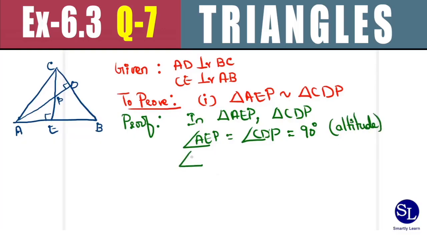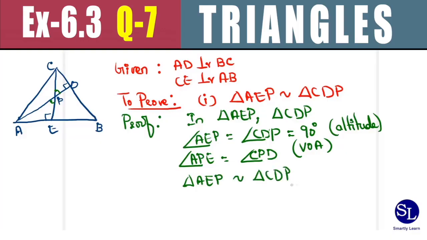Then angle APE, I'm referring to this particular angle, is equal to angle CPD. Why? Because they are vertically opposite angles. Since two angles are equal in this triangle, triangle AEP is similar to triangle CDP.